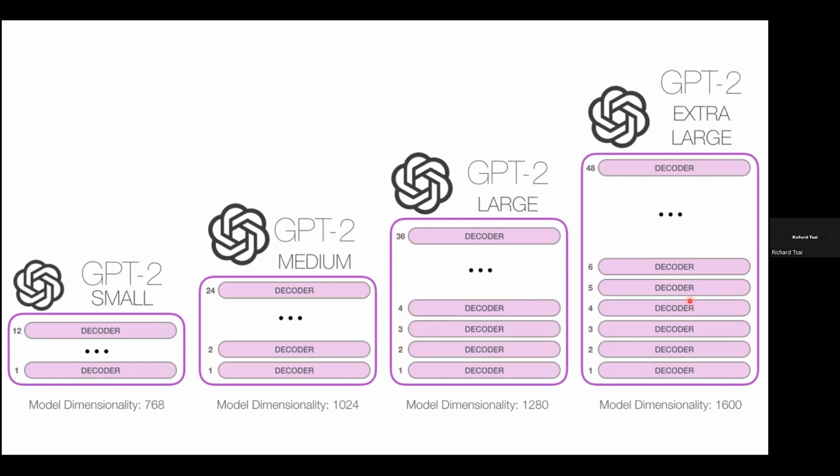The choice of GPT-2 setting depends on the specific requirements of a task, with larger models often offering improved performance at the cost of increased computational resources.